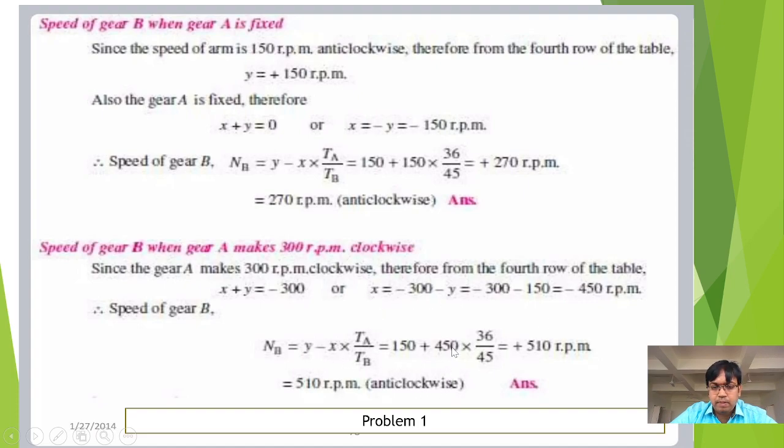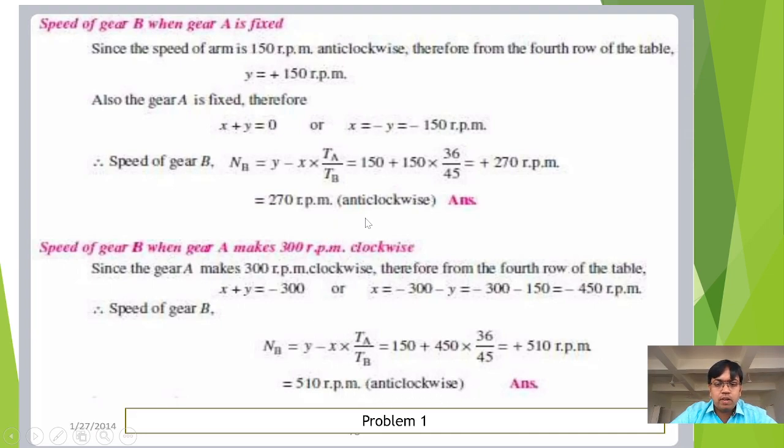Minus into minus will be plus 450 into TA by TB, that is 36 by 45. The total speed of gear B, if gear A makes 300 RPM clockwise, will be equal to plus 510 RPM. Plus means anti-clockwise, therefore instead of putting plus here, anti-clockwise has been written in the brackets.